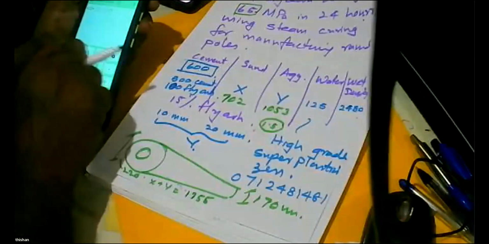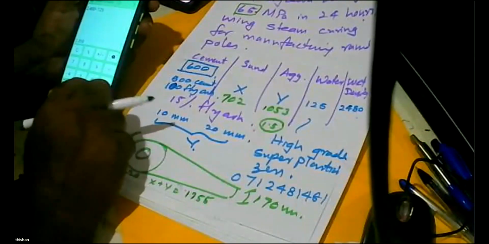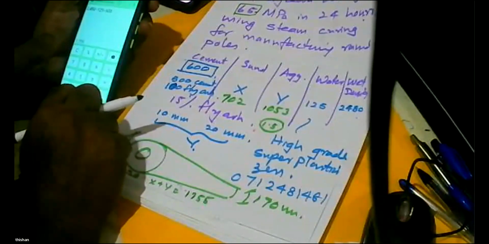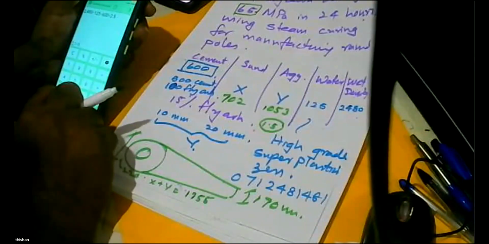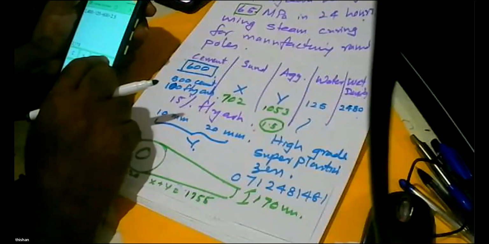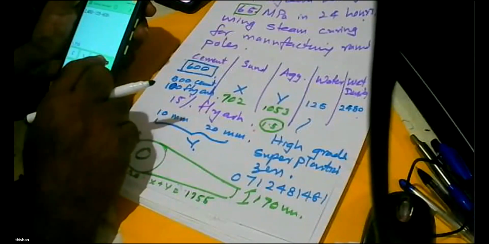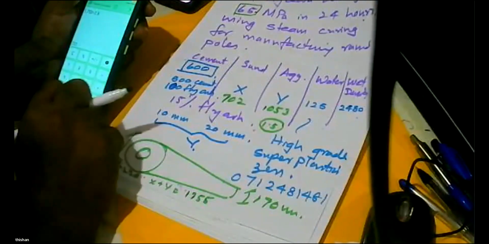So the answer is 2480 minus 125 minus 600. The answer is 1755 divided by 2.5.